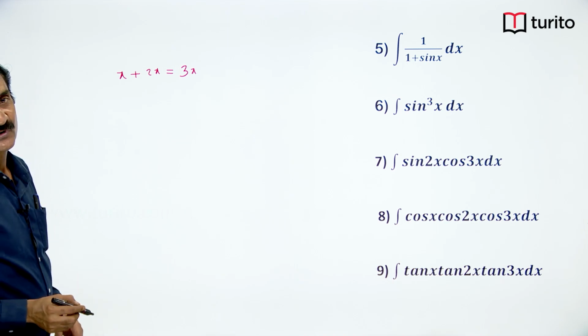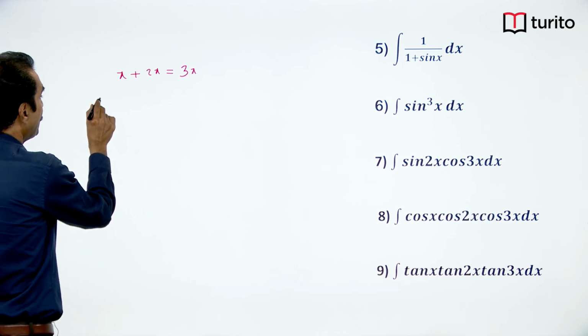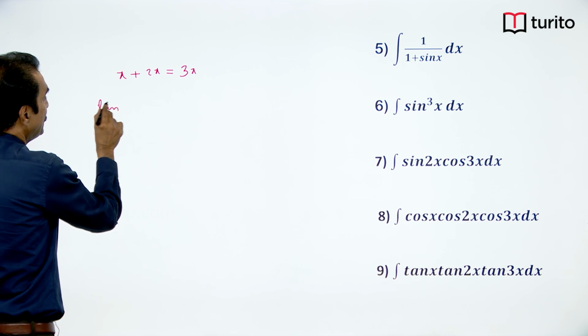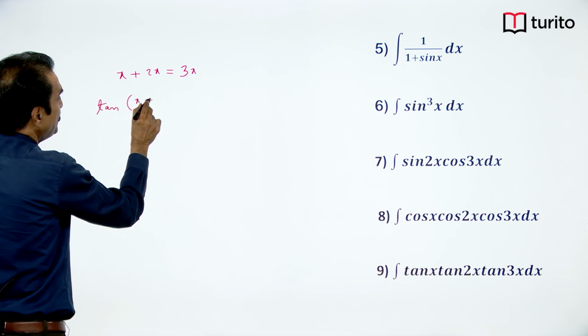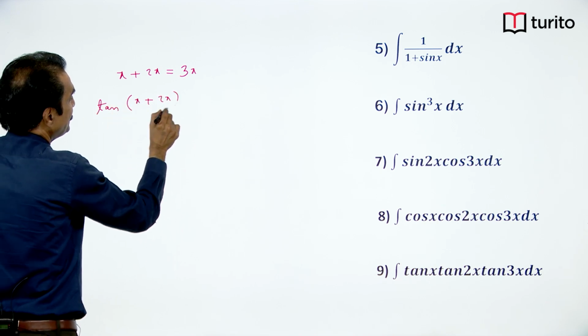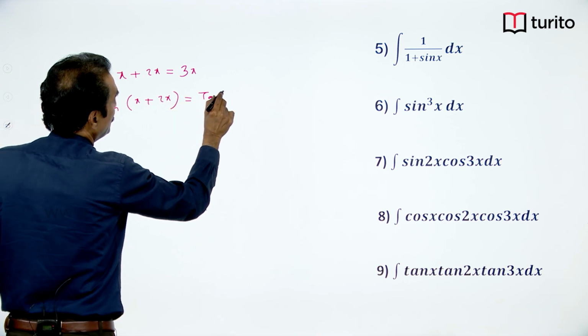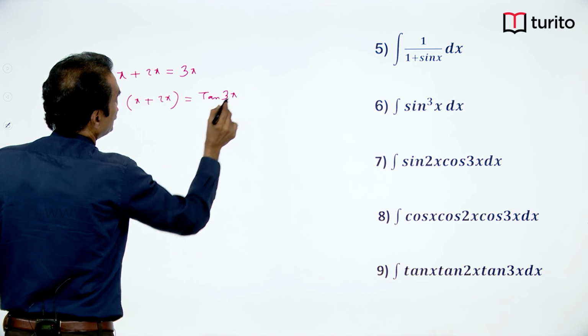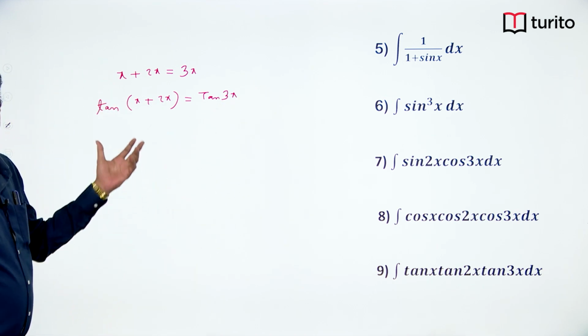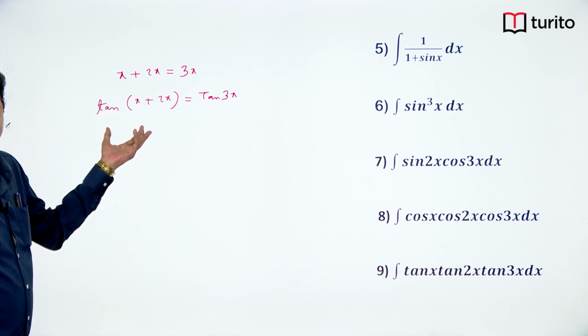Applying tan on both sides, tan of x plus 2x is equal to tan 3x. You know the formula of tan of a plus b.